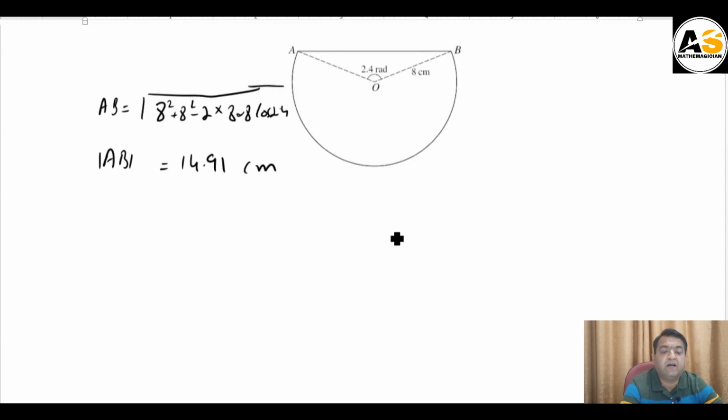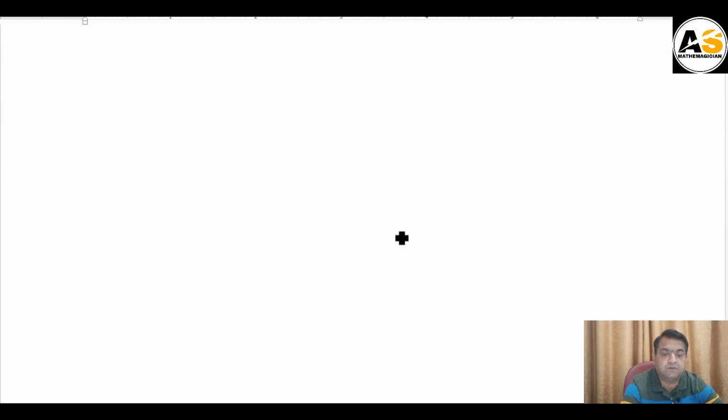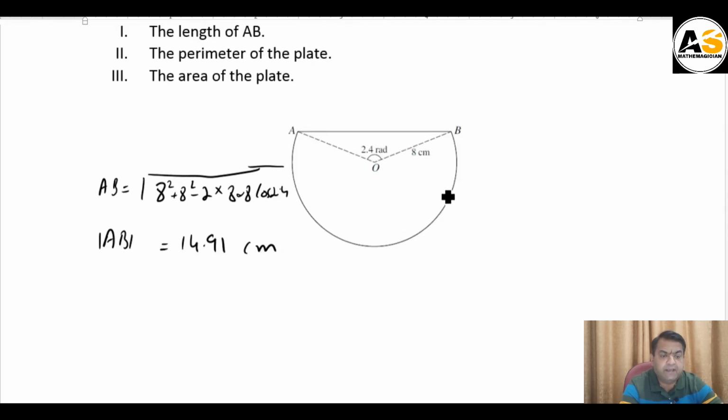In the second part, we have to find the perimeter of this plate. The perimeter is AB plus this. Now what is this angle? This total angle is 2 pi radian. This angle theta is 2 pi minus 2.4 radian.